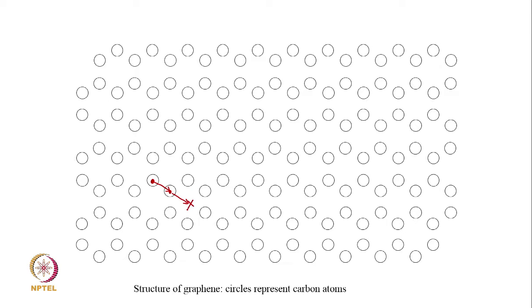So, this does not become equivalent as a lattice point. But if I now look at this, it has exactly the same environment. This has a neighbor here, this also has a neighbor here, this has a neighbor vertically up, this has a neighbor vertically up, and not only local neighbors, far off neighbors should also be the same.